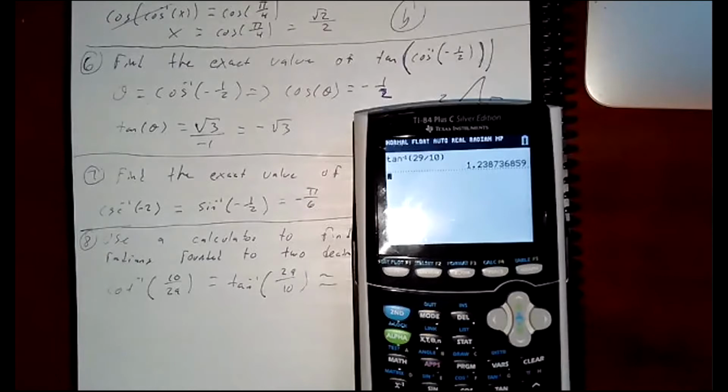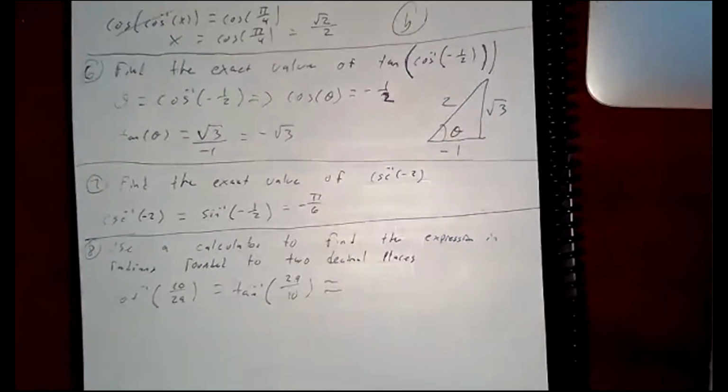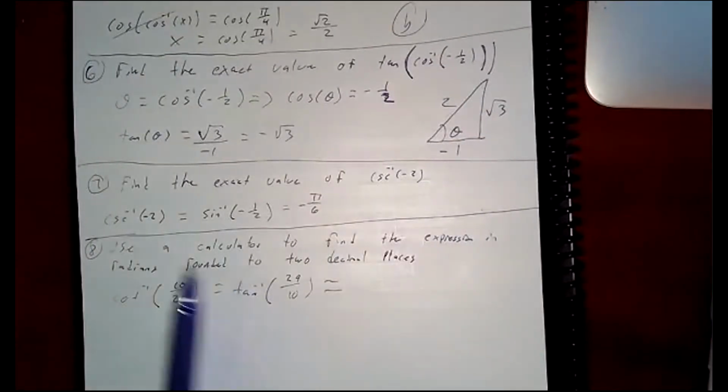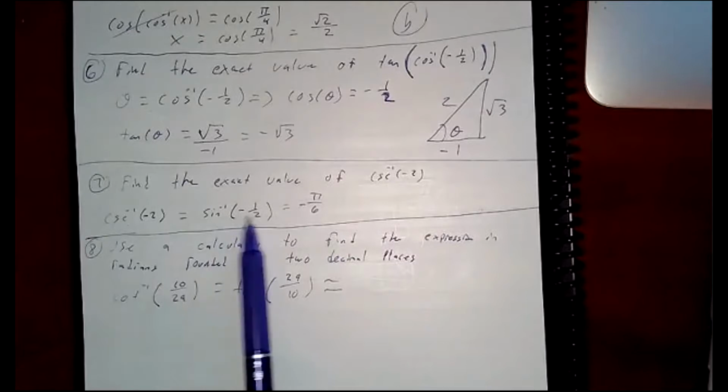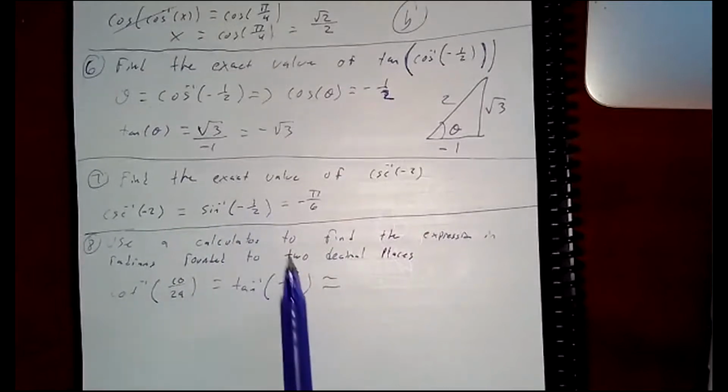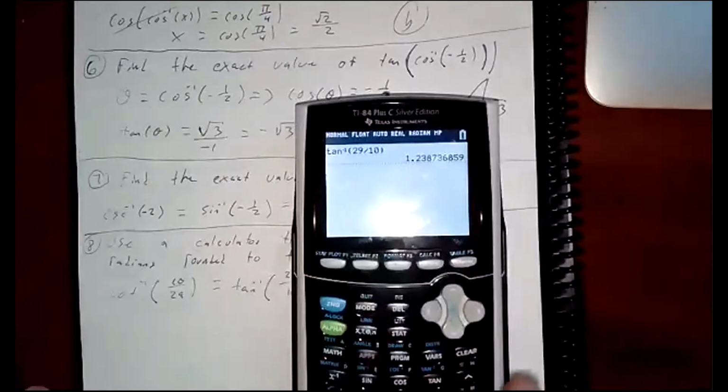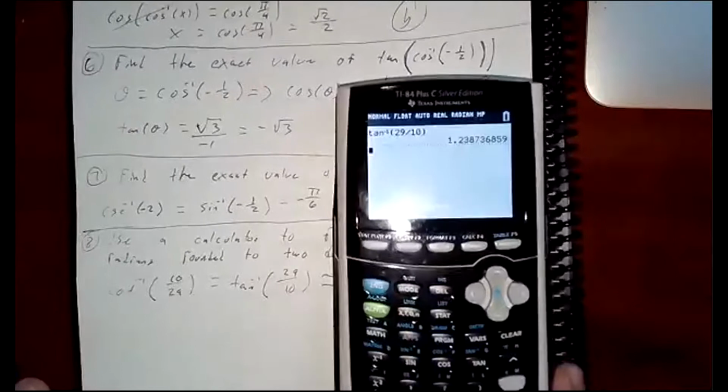So that's all you have to do for pretty much 6, 7, and 8, is just punch it into your calculator, really. But you do need to know this fact that if you convert to the reciprocal, you need to flip the value inside. Okay. Can we see your calculator? Yep.